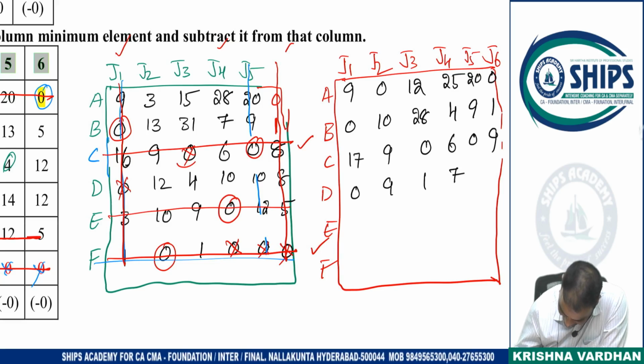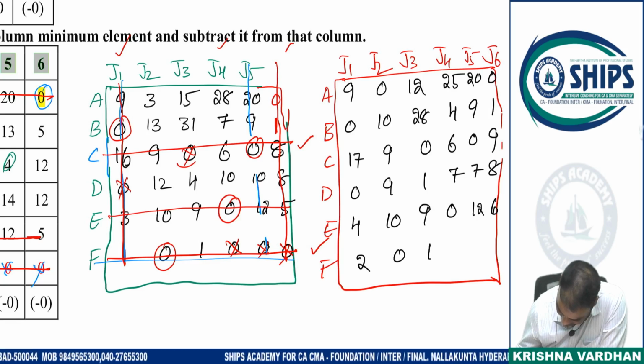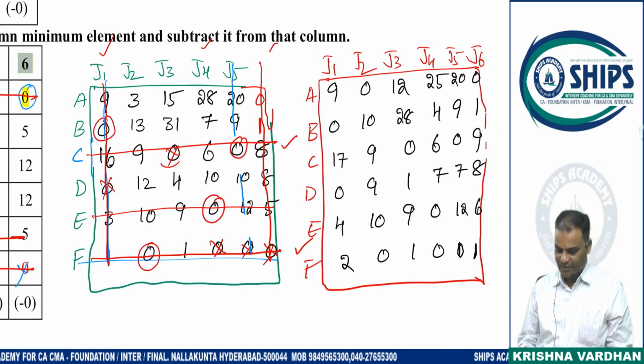This is, we have drawn line for this also, no? No, no. So 7, 8. Elo 4, 10, 9, 0, 12, 6. Last one 2, 0, 1, 0. J5 we cancelled, no? 1, no, 0. Last one 1. Better you note down these values.